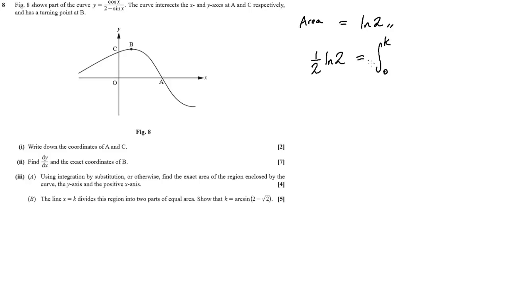Then we put in the exact same expression dx, use the exact same substitution. We should be able to get, let's see, minus natural log of 2 take sine x from k to 0.